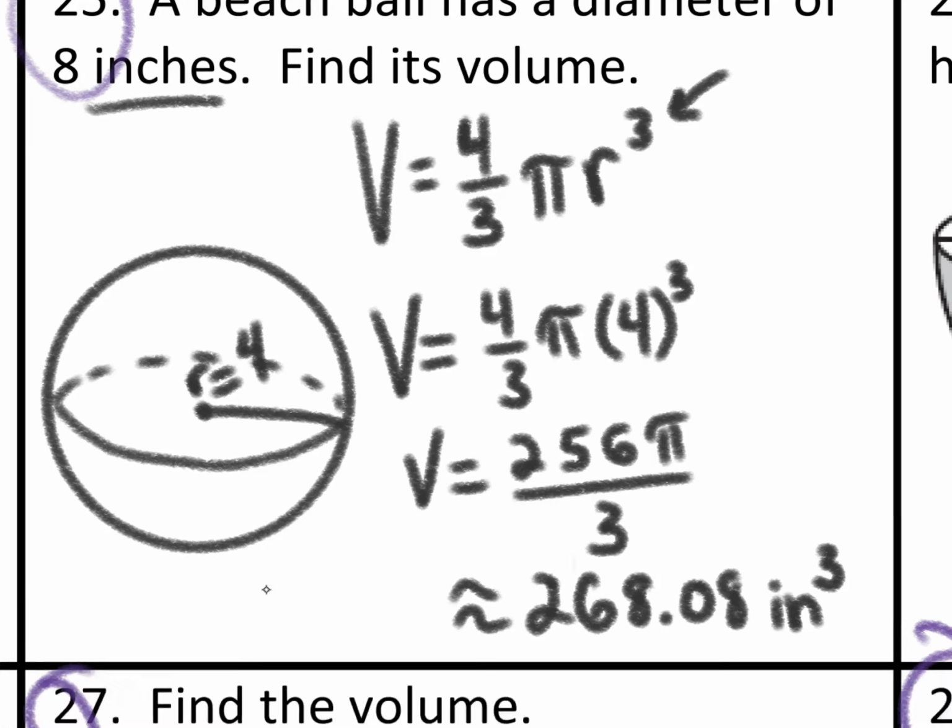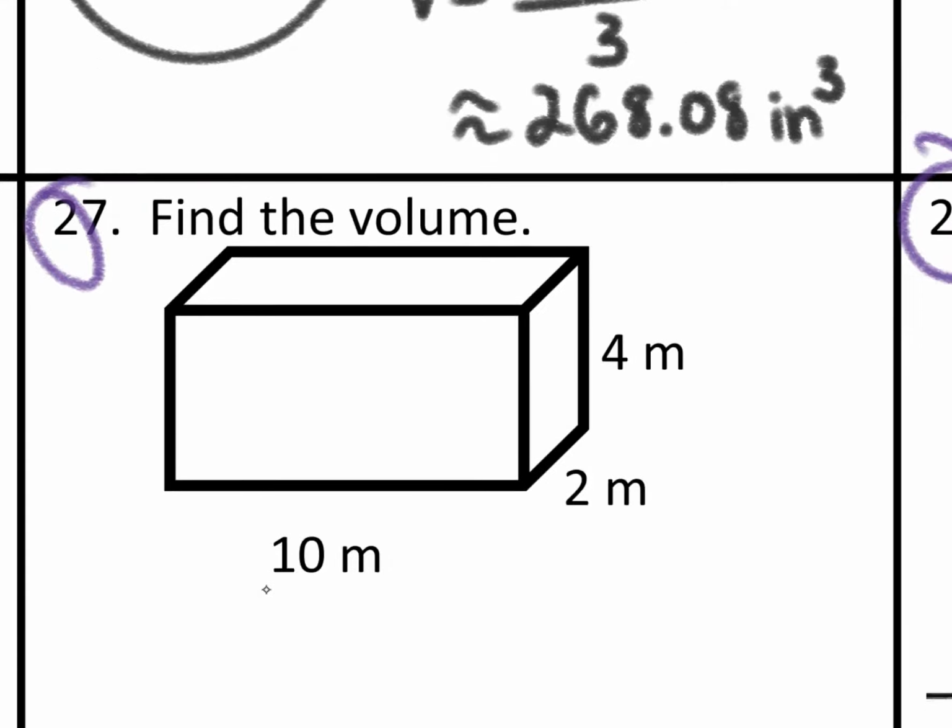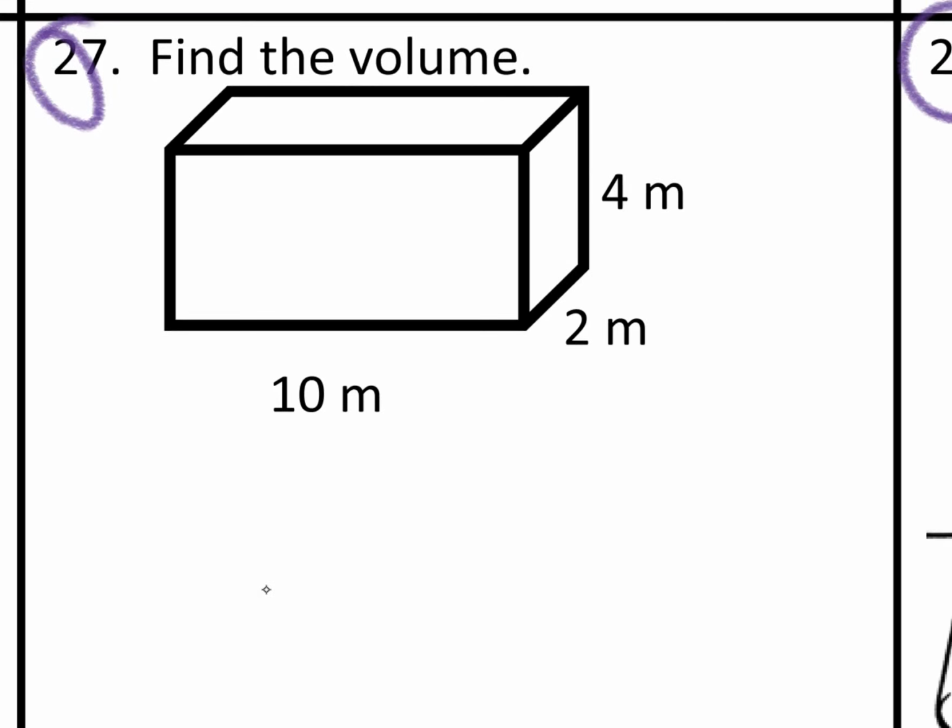Okay, let's scroll down, take a look at problem number 27. So problem 27 says find the volume of this figure. Now this figure, what we have to know is that this figure is a rectangular prism. So what I like to do is draw in what you kind of don't see in the prism, but what's kind of there anyway. So in this rectangular prism, we want to find the volume of it.